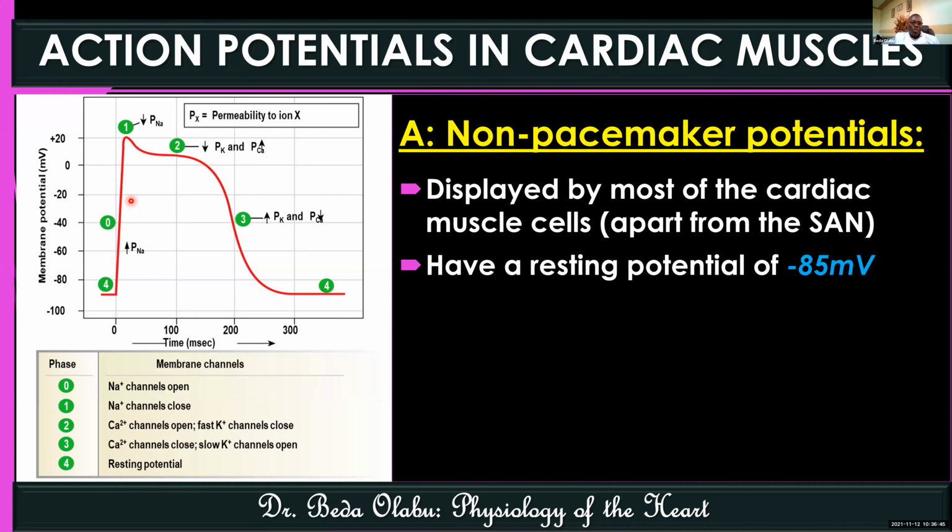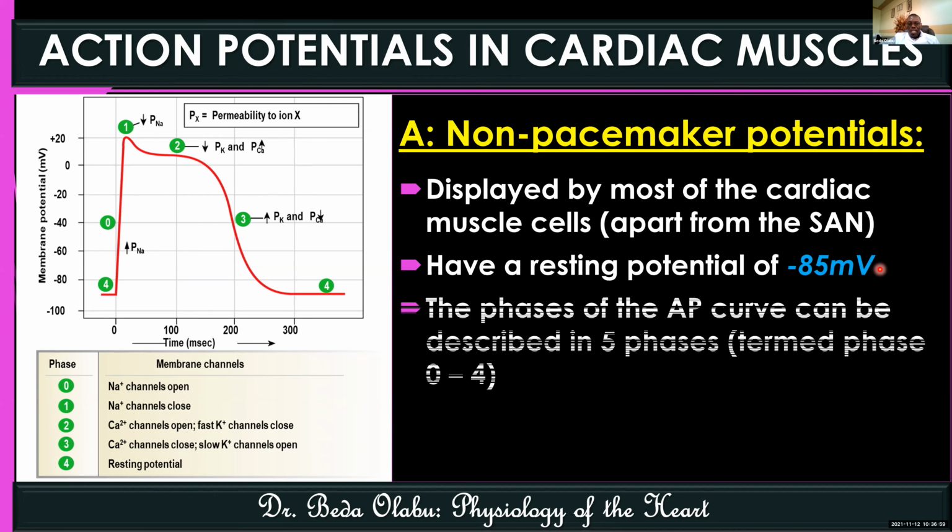The non-pacemaker potential has a resting membrane potential of -85 millivolts. And so that answers one of the questions that I posed to you. The action potential of the non-pacemaker is described to have 5 phases.